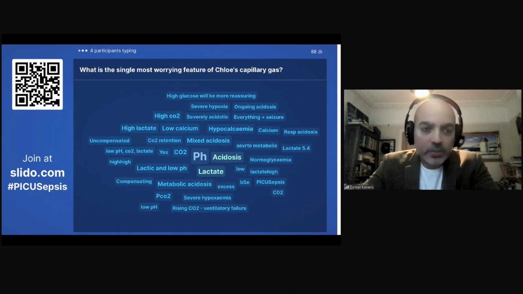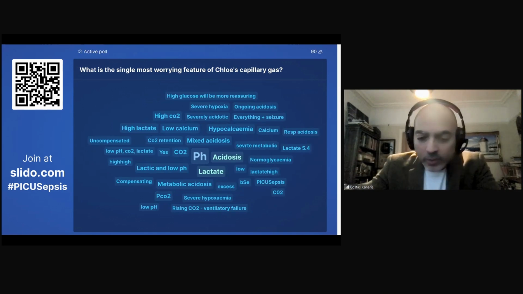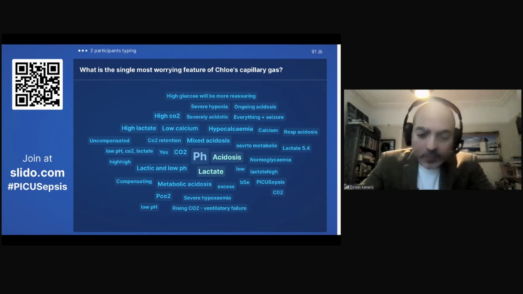So that suggests to me that this child has already exhausted her adrenergic response. It's a subtle feature, but it's one that is worth pointing out. She's not a baby, so she's 6, so she's got enough stores there to be able to mobilize and increase the blood sugar, and those have been utilized already.